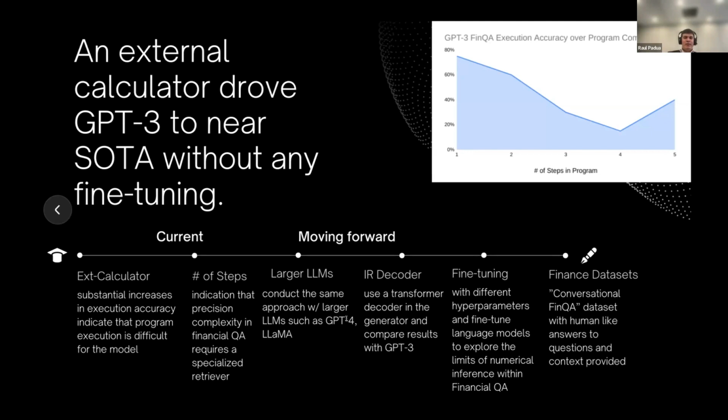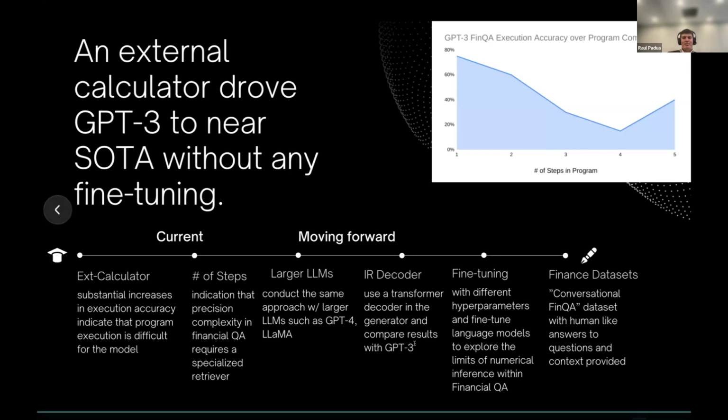GPT-4 has recently been released widely to everyone, so we're already experimenting with this. Also, other large language models using the same approach, but better performing, larger models fed with more data.